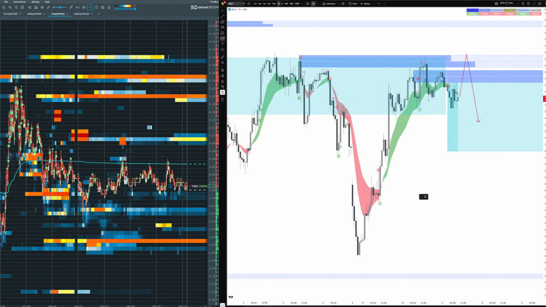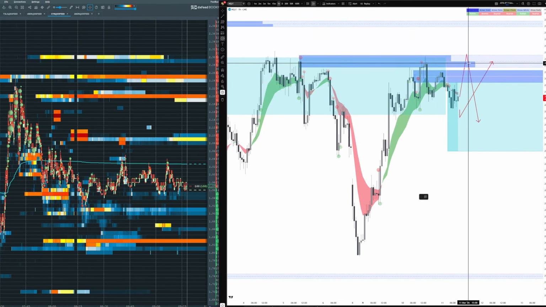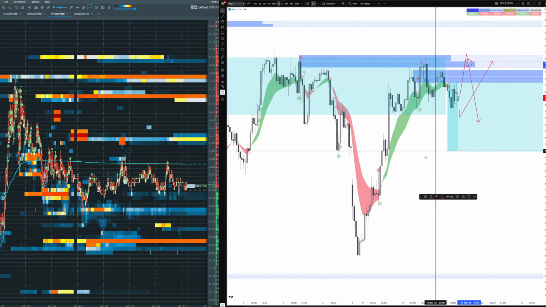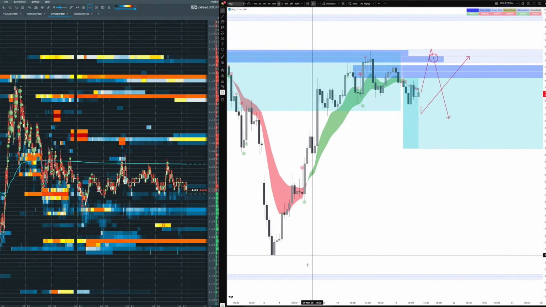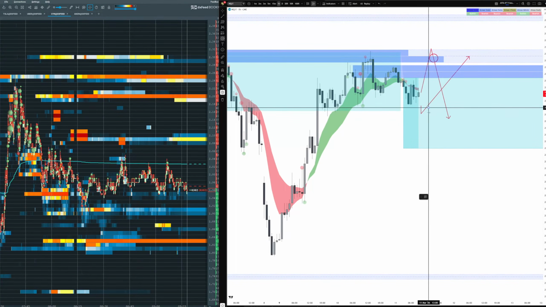Otherwise, if the market opens and fills the 24,850 and reclaims, I'm gonna long it. So the two levels, traders, that I'm gonna trade are short here, or long here.